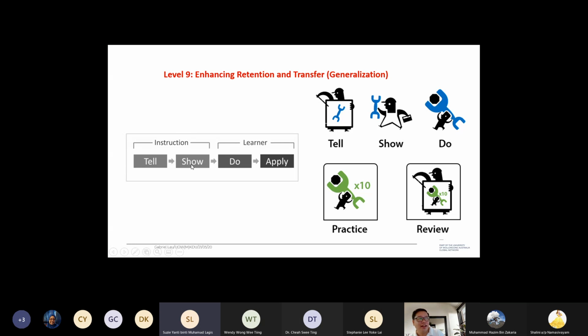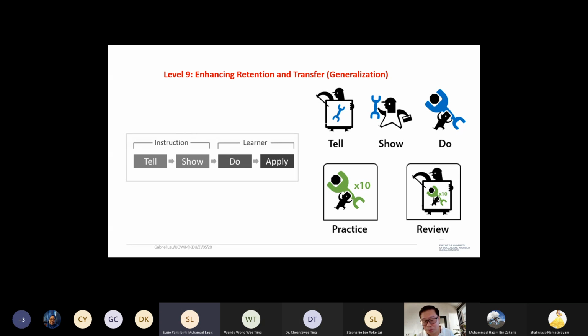And finally, number 9: enhancing retention and transfer. So what we want is to enhance retention and transfer to the student. As I say, we try to practice tell, show, do, apply.